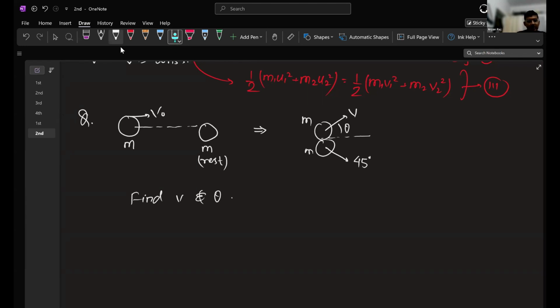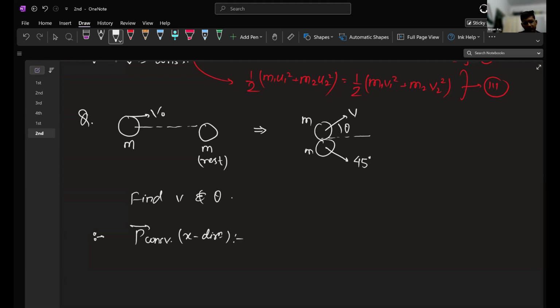Would you like to try this question or would you like me to try it? Yeah, I would like you to try it so I can solve it a little. Okay, no problem. What two equations do we have to apply? Simply momentum conservation and kinetic energy conservation. First let's apply momentum conservation in the x direction.